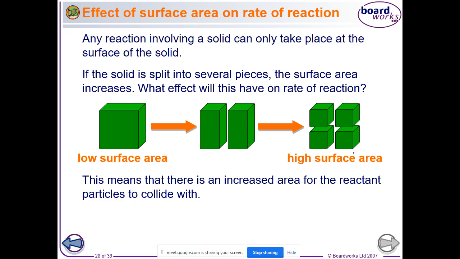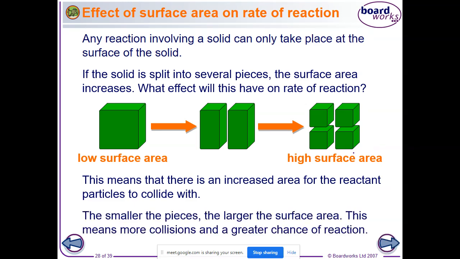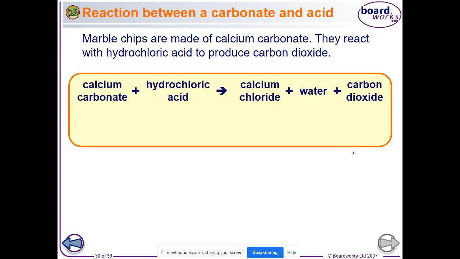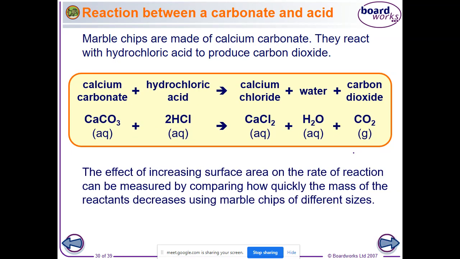The next part we will follow up. Marble chips are made up of calcium carbonate. They react with HCl to produce carbon dioxide. Can you see the reaction? Here, there could be a difference. You already know if you take it in powdered form, it will be better. The more the surface area, the more the rate of the reaction. Clear?